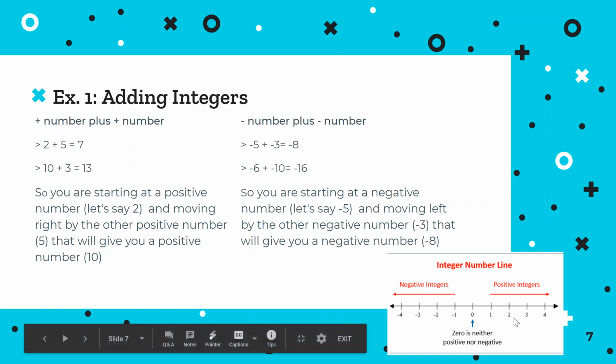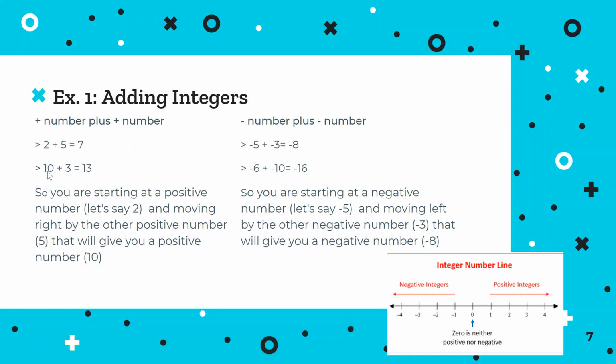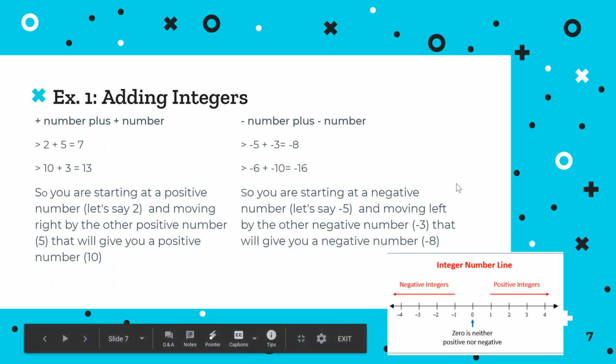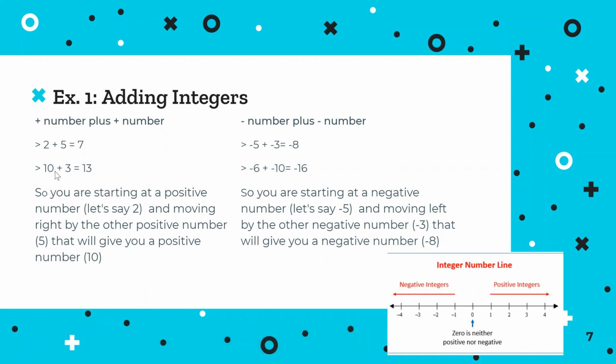If you used a number line, it doesn't go up to 7 here, but if you moved to the right 5 times, you would get to 7. And with 10 plus 3, which is equal to 13, you start at 10, you move right 3 times, you get 13. Or you can use mental math: you add 3 to 10, you go 11, 12, 13.